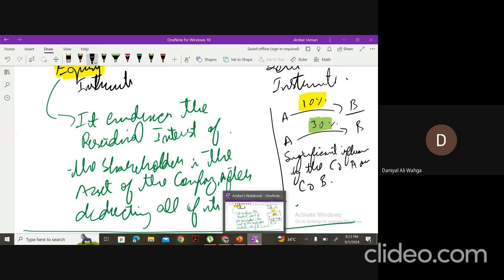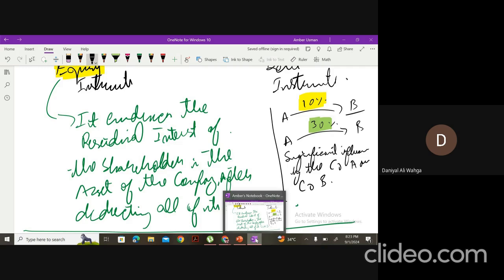And that representation on the board of directors will be able to influence other directors to take a certain decision regarding company A, either related to their trade purposes or their debt purposes, whatever it is.